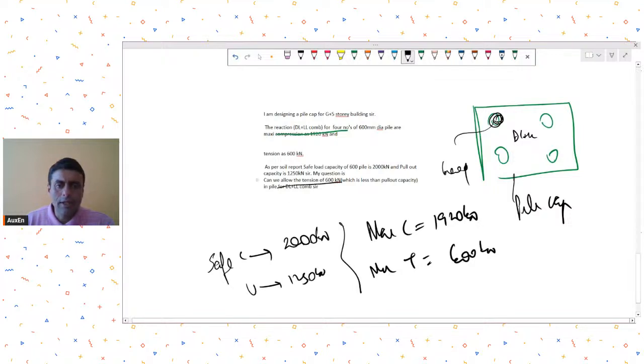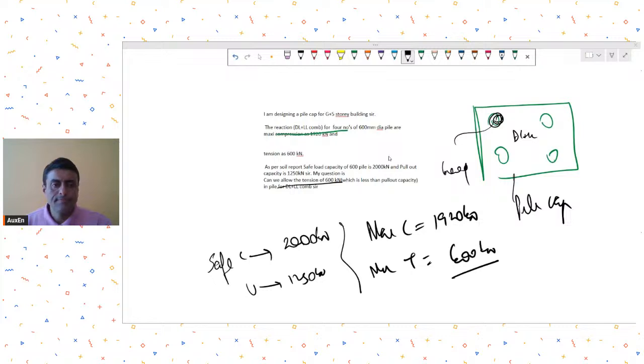So can we allow the tension of 600 kilonewton in dead plus live combination? Yes, you can allow, because the maximum tension in the pile, 600 kilonewton even for dead plus live, is less than the safe capacity. So you can allow this.